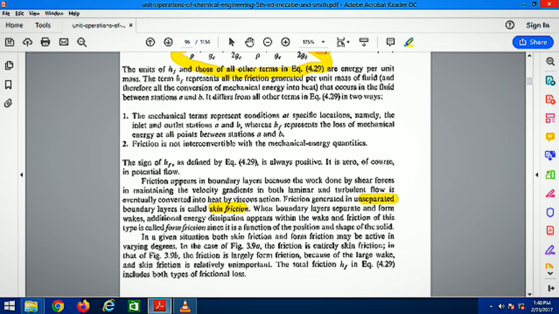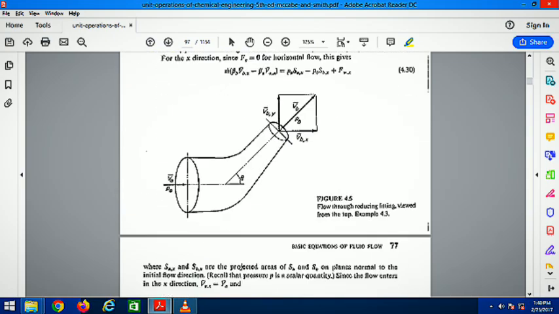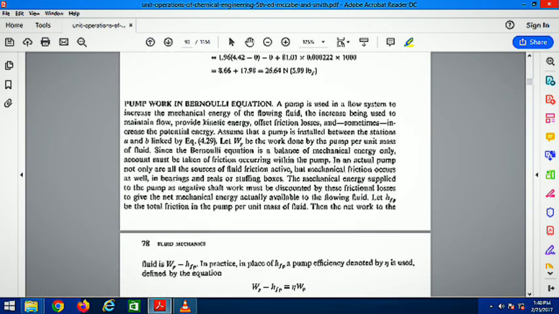Also there is skin friction, where friction is generated in unseparated boundary layers. Boundary layers are unseparated here. And from form friction, there is a wake formation, and friction appears due to the position or shape of the solid.